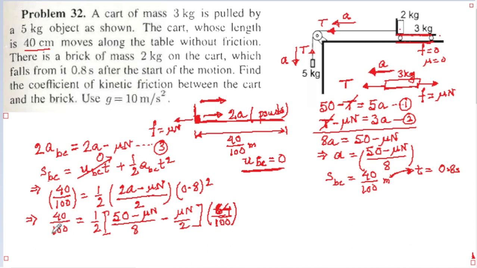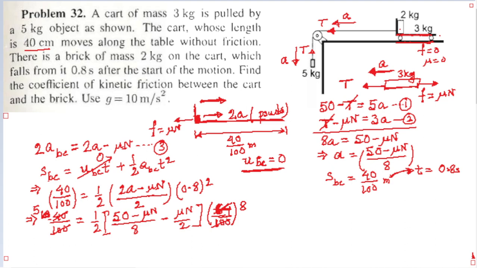Now we can cancel this 100 from both sides, and we can cancel again. This will be 10, and if we cancel by 8, there will be 5 and 8.